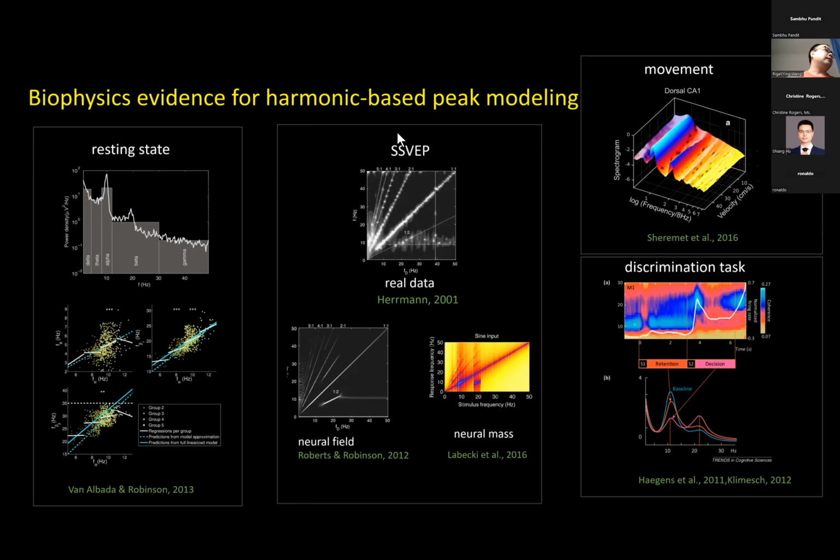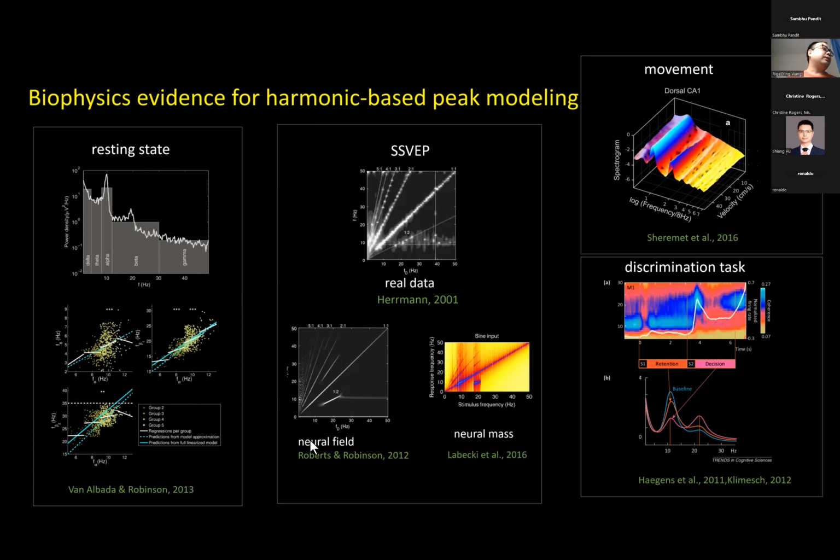And then in some tasks, especially the steady state visual evoked potential, when we input the sine wave to the vision, we found harmonics of different orders, even subharmonics, and the entrainment of the EEG.